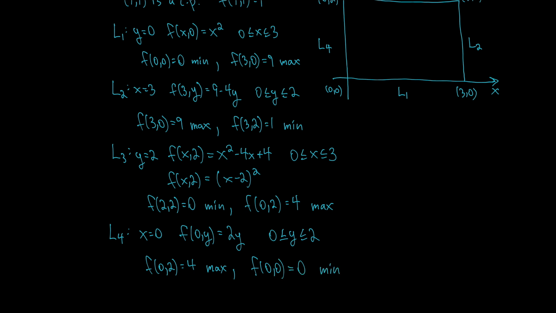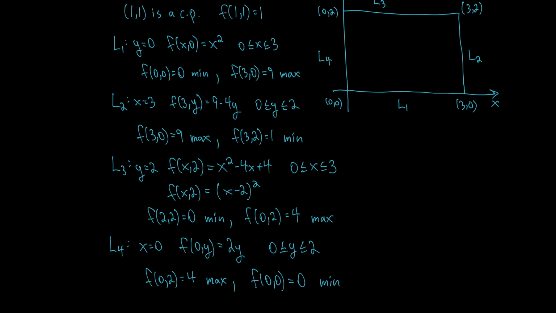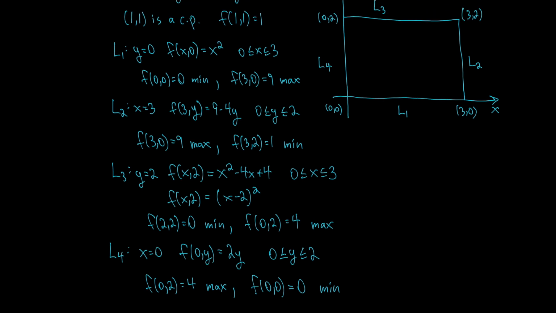So let's look at all of our different possible extreme values. We've got our critical point at (1, 1), where f(1, 1) was equal to 1. We've also got the boundary values 0, 9, 9, 1, 0, 4, 4, and 0.